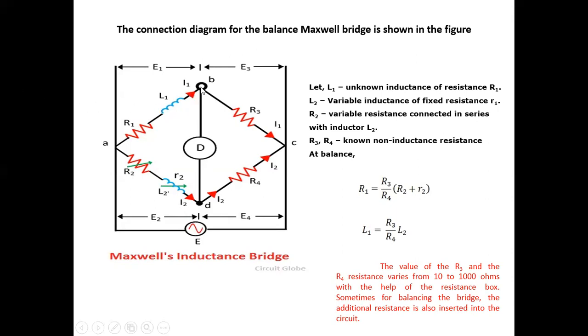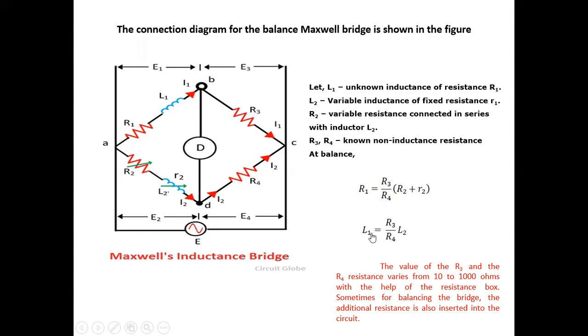The impedance Z1 is equal to R1 plus j omega L1. Impedance Z2 is equal to R2 plus j omega L2 plus r2. Z3 is equal to R3 and Z4 is equal to R4. Then Z1 into Z4 is equal to Z2 into Z3.